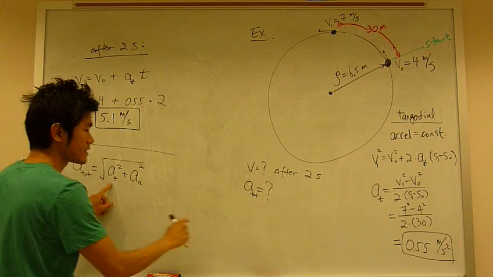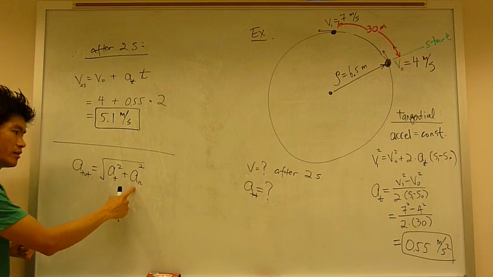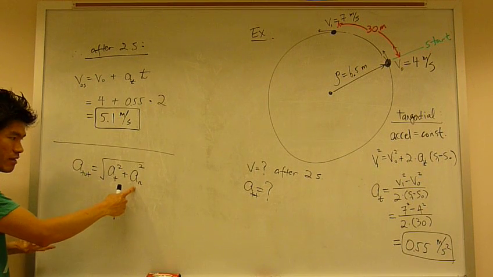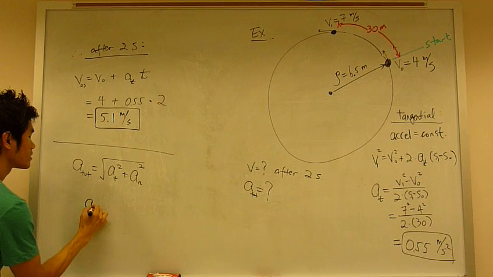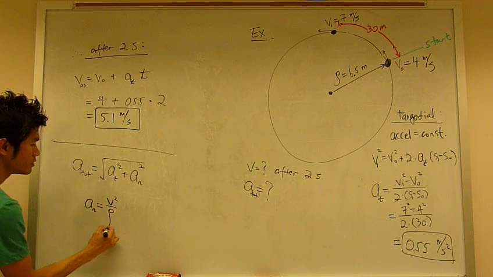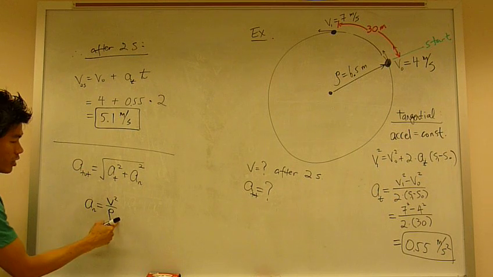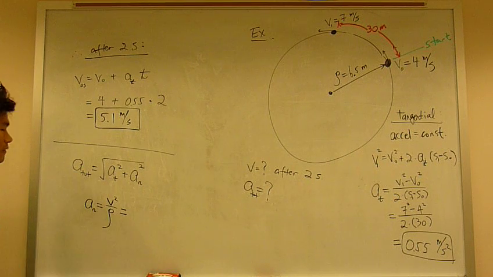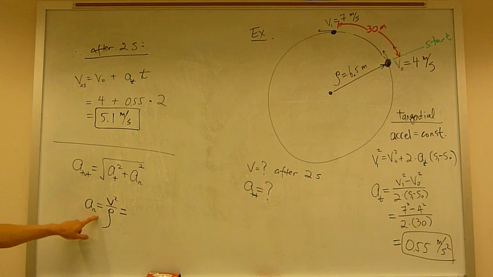Now tangential AT has been found. Your job now is to find AN. Just use the definition of AN, which is equal to V squared over rho. Now V is different at any given instant in time.